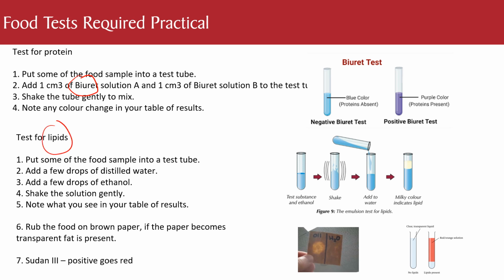There are a few of them. You can use ethanol and water, you can rub on brown paper, and you've also got something called Sudan 3. But I'll just say it again, look up the other video to get the full details. But obviously the methods are here anyway.